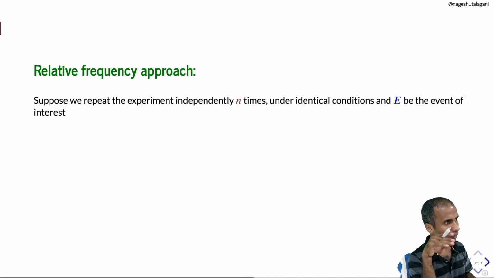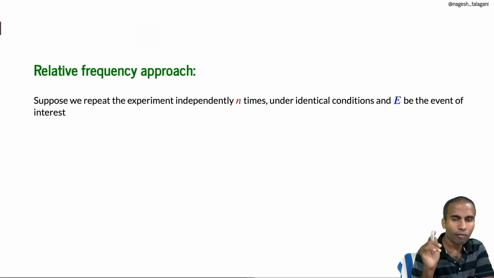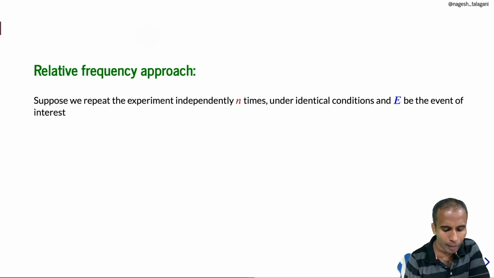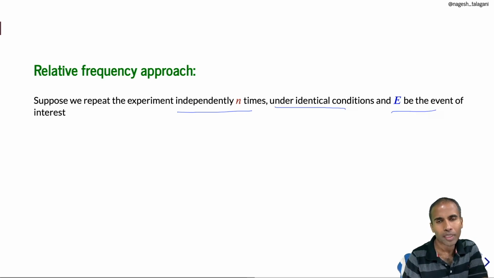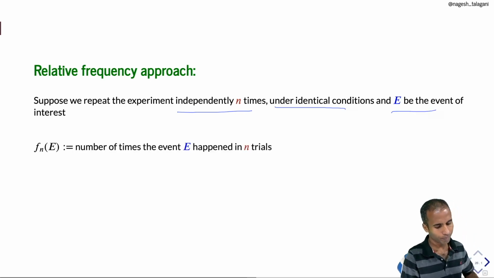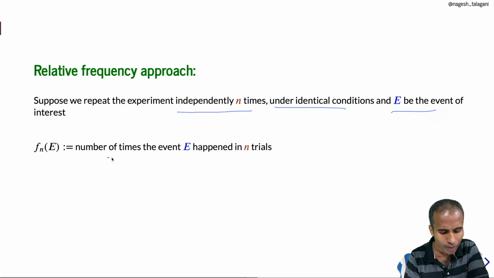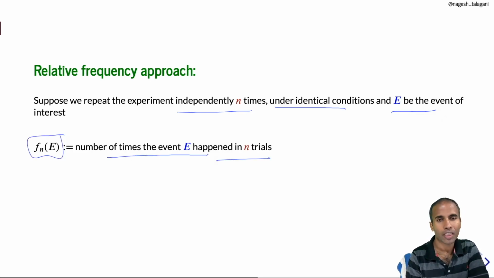Suppose we repeat the experiment independently n times under identical conditions, and E is our event of interest. The number of times the event E happened in n trials is denoted by Fn of E, which represents the frequency of event E in n trials.